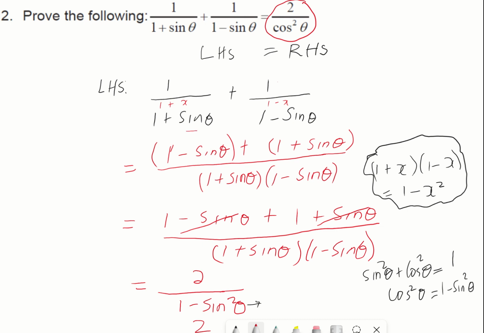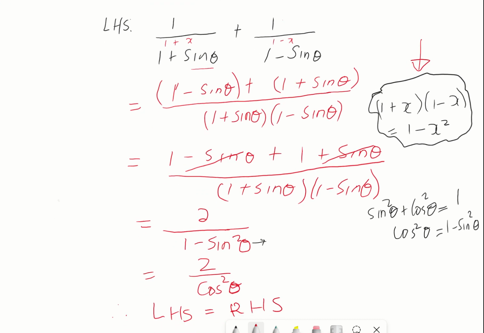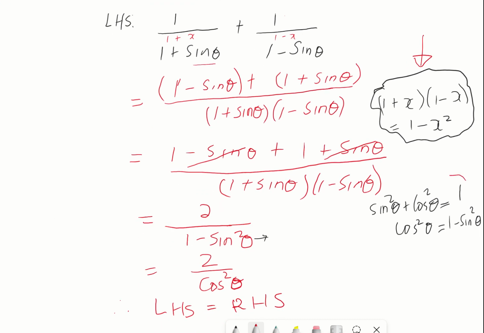We have treated sine theta as if it's a variable x, and then we applied algebraic thinking every step of the way, but remembering the rules of trig. That means we were aware of these rules. These are the trig identities. We remember them and then we apply them every step of the way, whereby we needed to simplify.